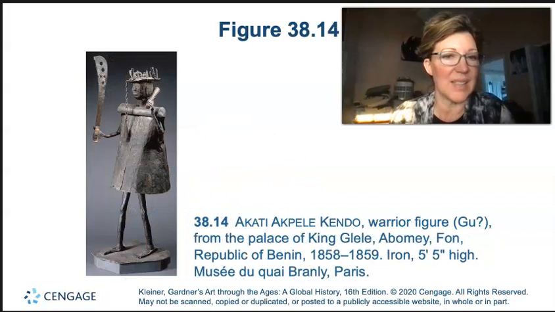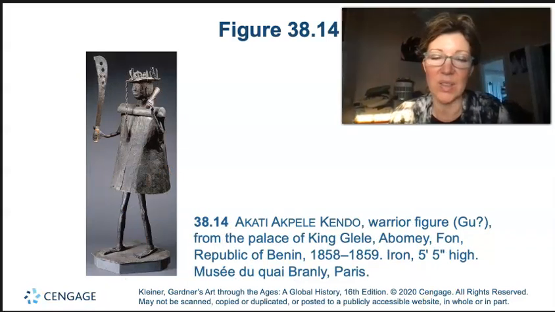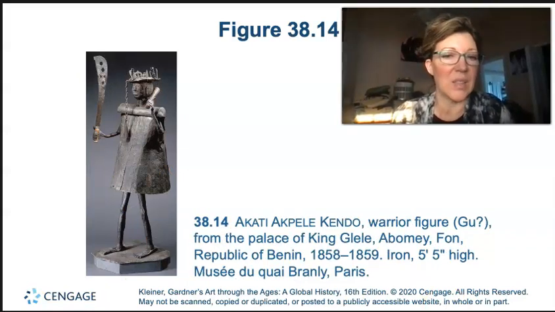Okay, Akati Akpele Kendo is the artist. This is a warrior figure. They say it's probably Gu from the palace of King Glele, Abomey, from the Fon people in the Republic of Benin. Gu is the god of war and iron.